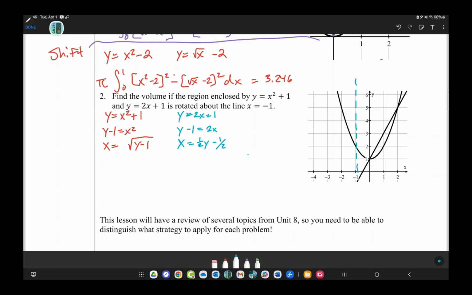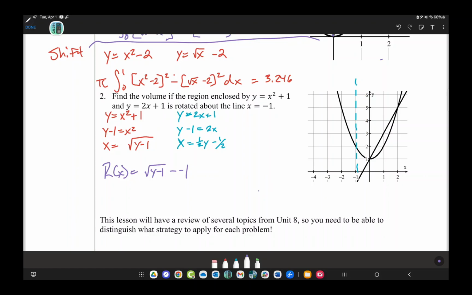All right. So now, since my functions are to the right, whatever is furthest right is what goes first. The furthest function from my line of rotation is the square root of y minus 1. So my larger radius is going to be the square root of y minus 1 minus a -1.